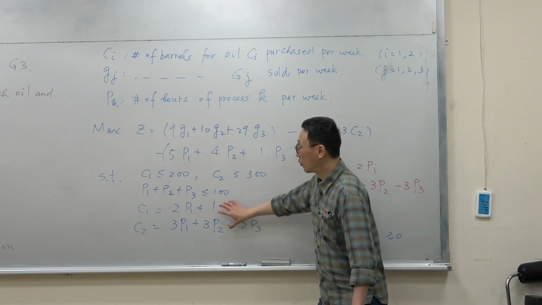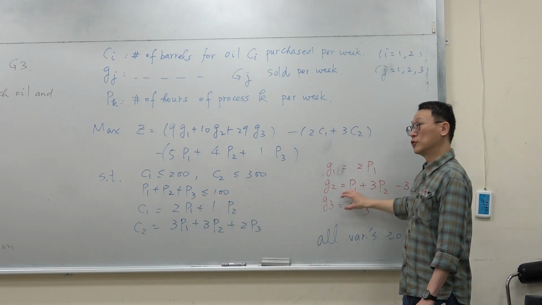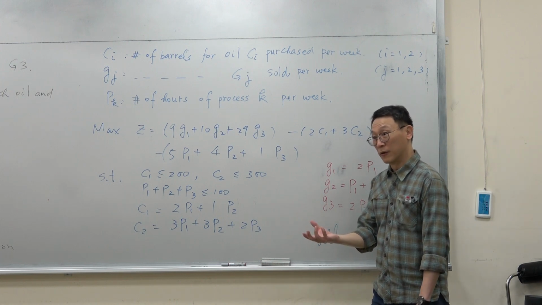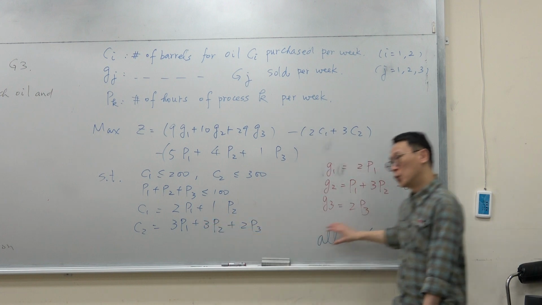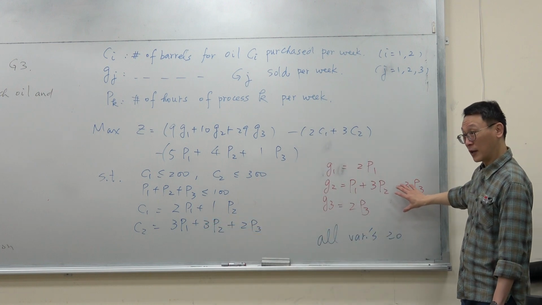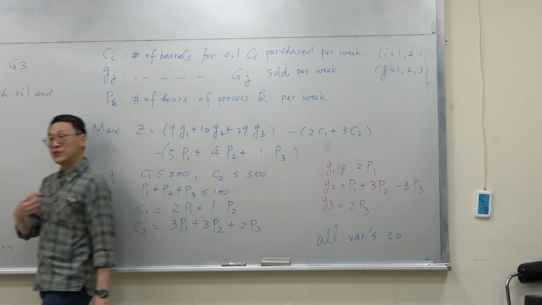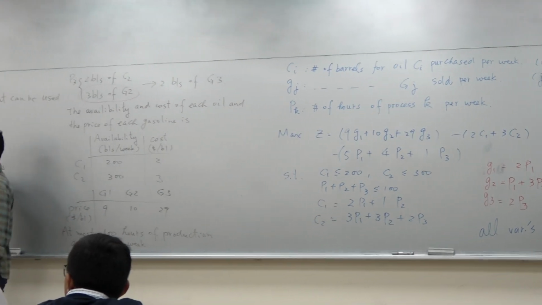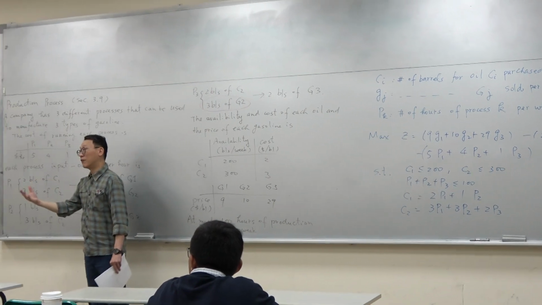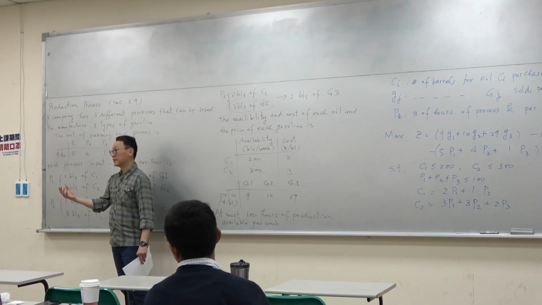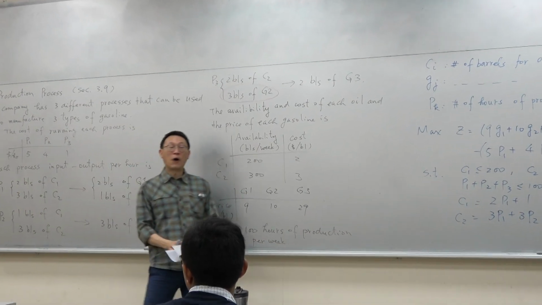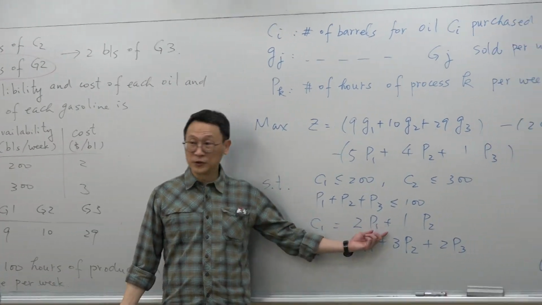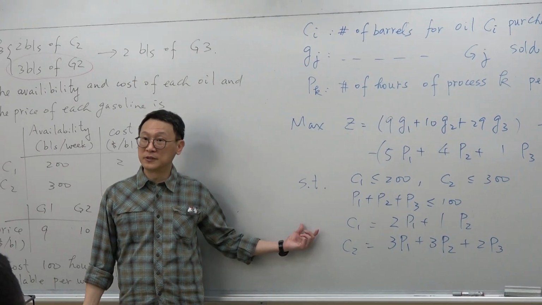Okay, so C1, C2, G1, G2, G3 will become barrels, the number of barrels we use and produce. For each hour, because the process only indicates number of hours, how can I link the hours and barrels together?